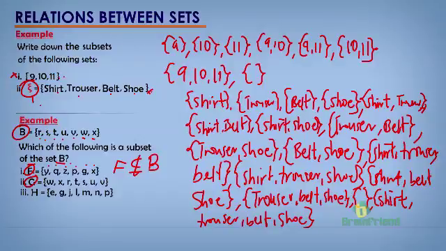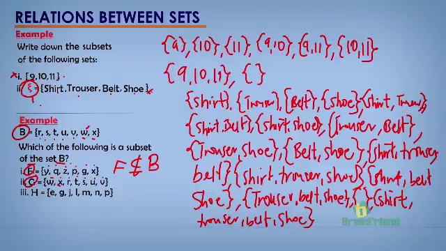Next, let's compare our set G. G has as its elements W, X, R, T, S, U, and V. If we did a comparison, we will note that W is an element which is present in B also.